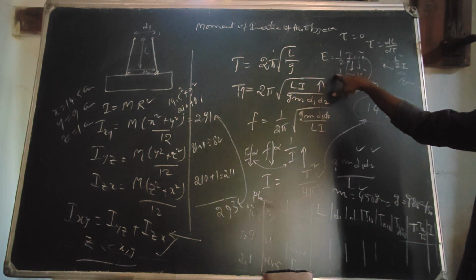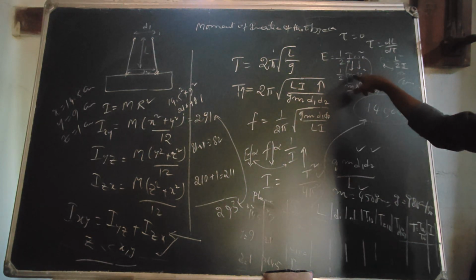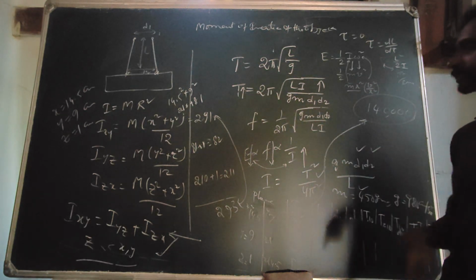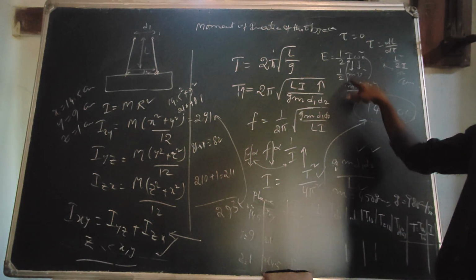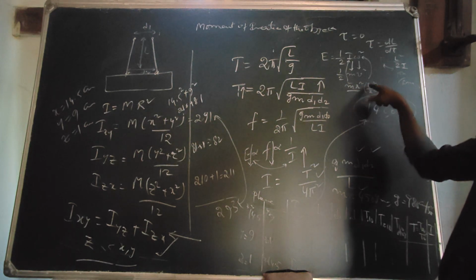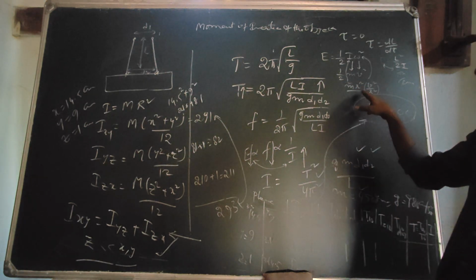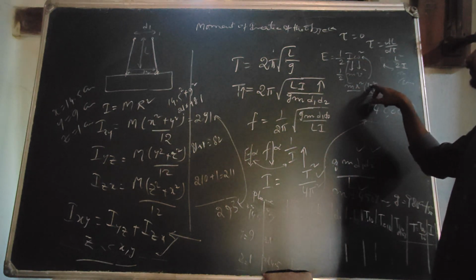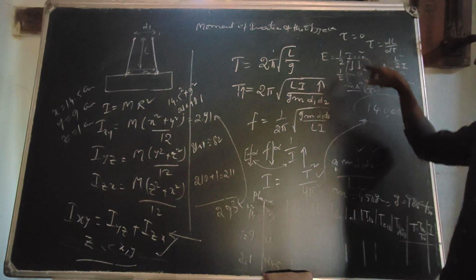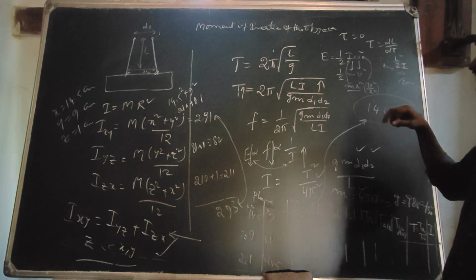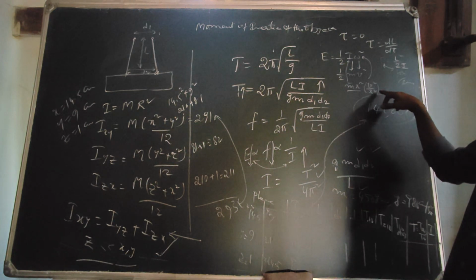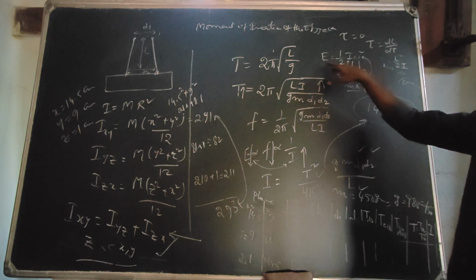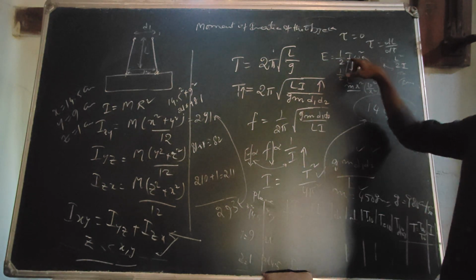If you write kinetic energy as half m v square and multiply and divide with r square, we get half m r square times v square by r square. This m r square can be written as I, moment of inertia, and v by r can be written as omega, angular velocity. So in total, rotational kinetic energy is half I omega square. From this equation, E is proportional to I.